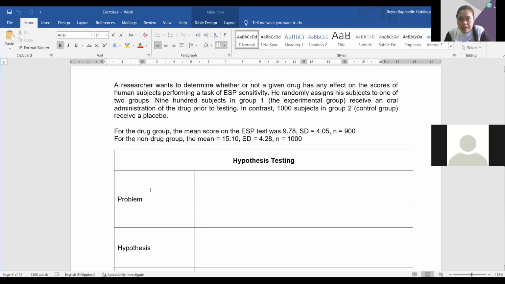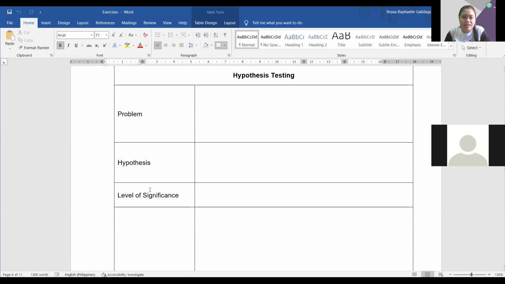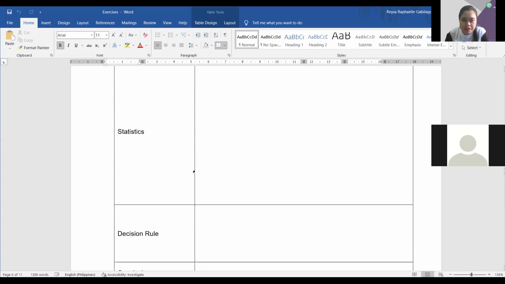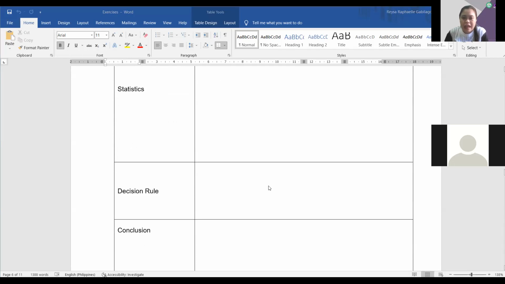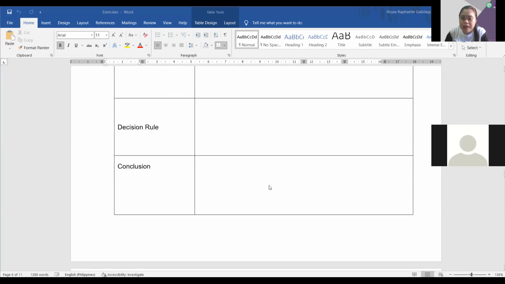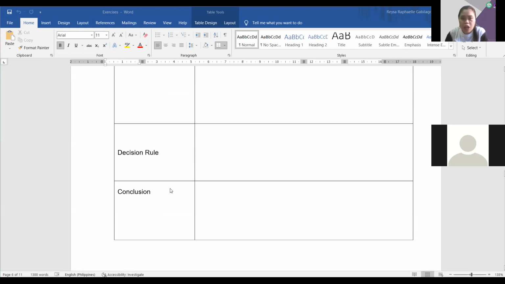And then the level of significance. Let's just use 0.05, though this one is an experimental research. But let's just use 0.05 again. And then under the statistics will be the computation. So I'll get the z-score later. And also the decision rule, so that you really don't forget it. And then the most important thing is the conclusion.